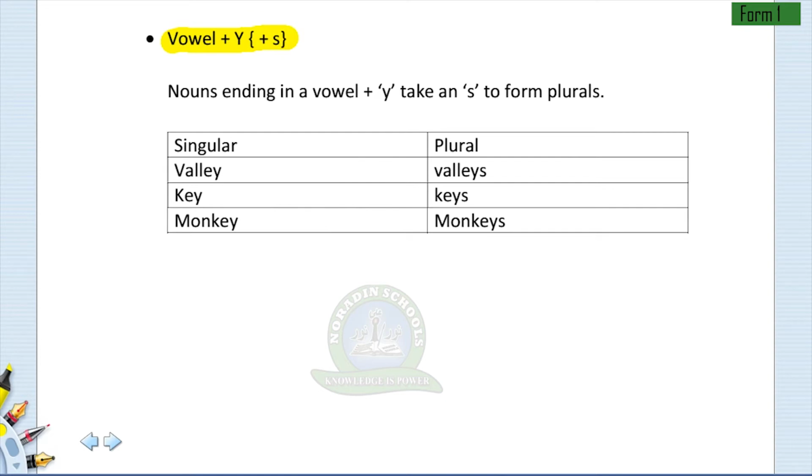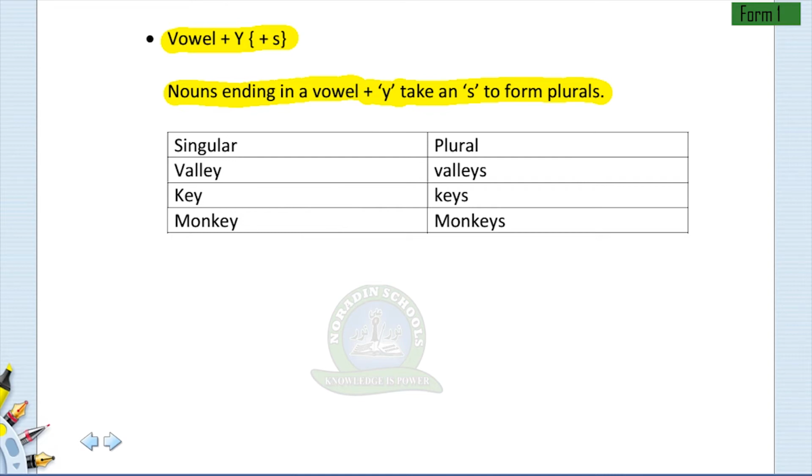If the noun ends in a vowel plus y, that is, if a noun ends in a vowel and y, just add an s to form the plural.